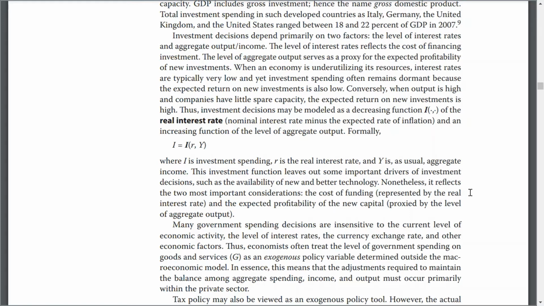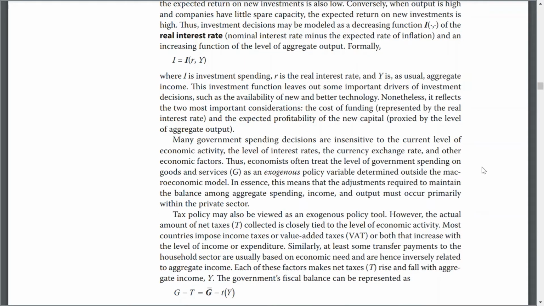The investment function leaves out some important drivers of investment decisions, such as the availability of new and better technology. Nonetheless, it reflects the two most important considerations: the cost of funding, represented by real interest rates, and the expected profitability of new capital, provided by the level of aggregate output. Many government spending decisions are insensitive to current levels of economic activity, the level of interest rates, the currency exchange rate, and other economic factors.